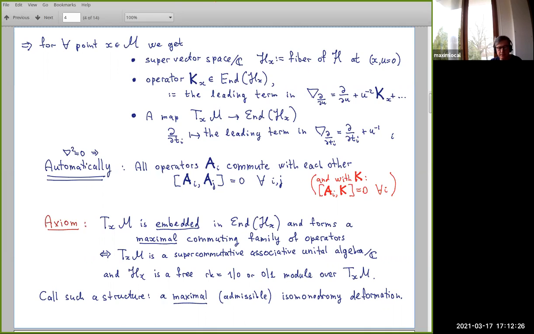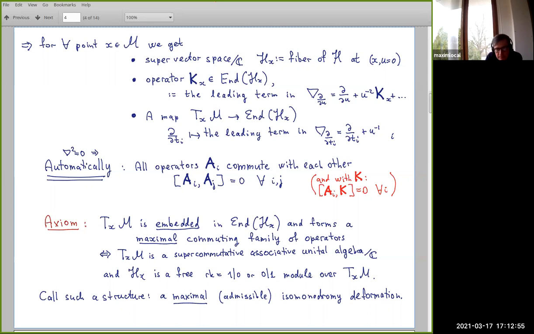And I propose the following axiom: that this map from the tangent space to the space of endomorphisms is an inclusion. So we realize the tangent space as a subspace in the space of endomorphisms. So we get some family of commuting operators, and the axiom is that they form a maximal commuting family of operators, so we cannot add any more commuting operators without changing the linear span.